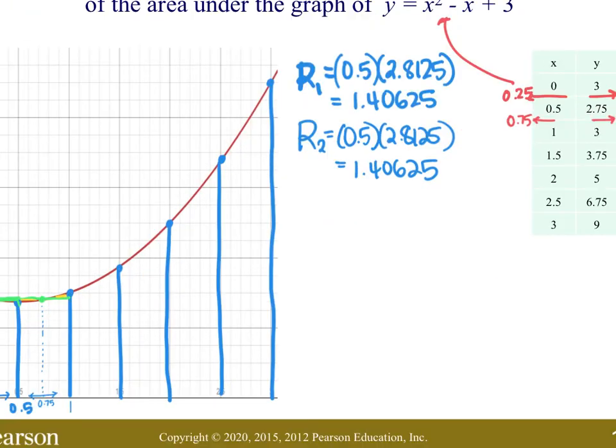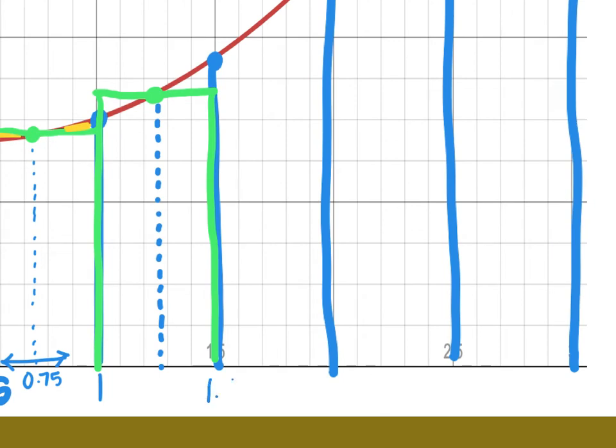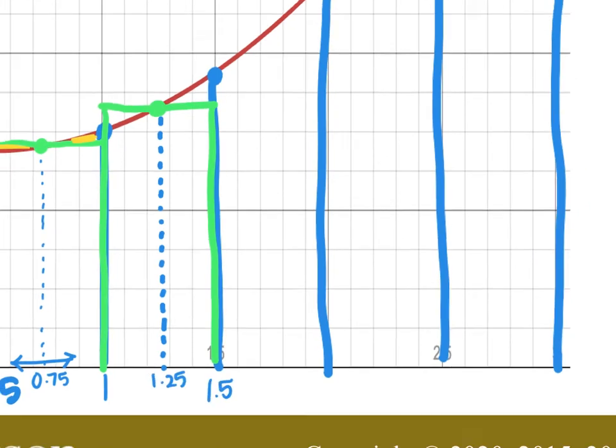All right, rectangle number 3. That's going to be about right here. Again, partially above, partially below. Its height is right down the middle of this interval. This is 1.5, so this is 1.25.